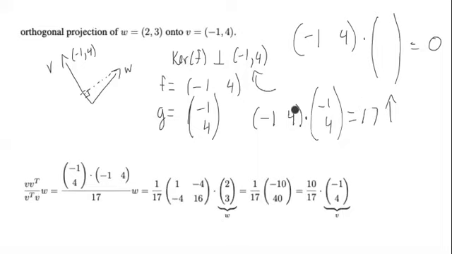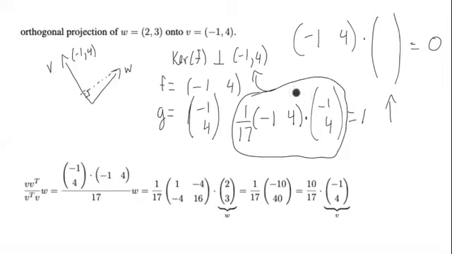To offset that, we can divide this side by 17 and just have a 1. So this would be a nice setup where this is your f.